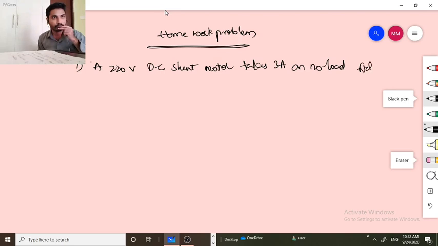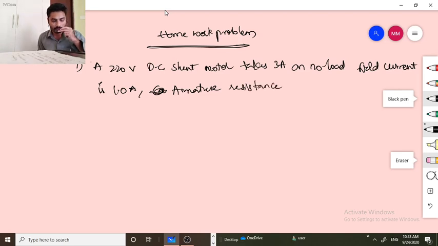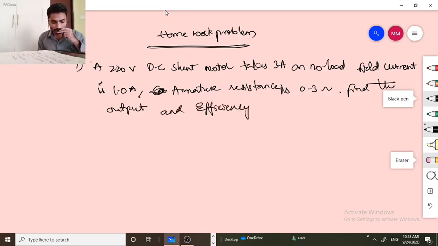Field current is 1.0 amperes. Armature resistance is 0.3 ohm. Find the output and efficiency when armature current is 20 amperes.